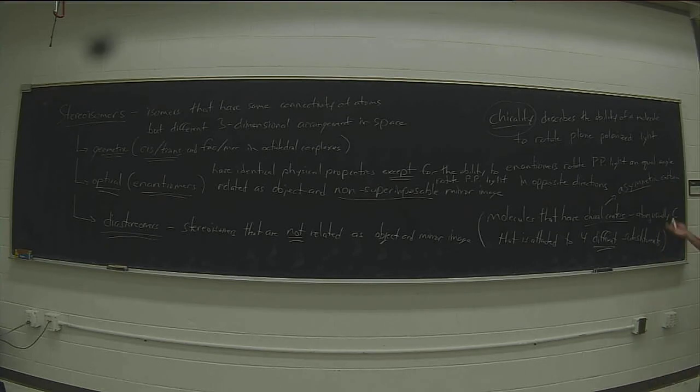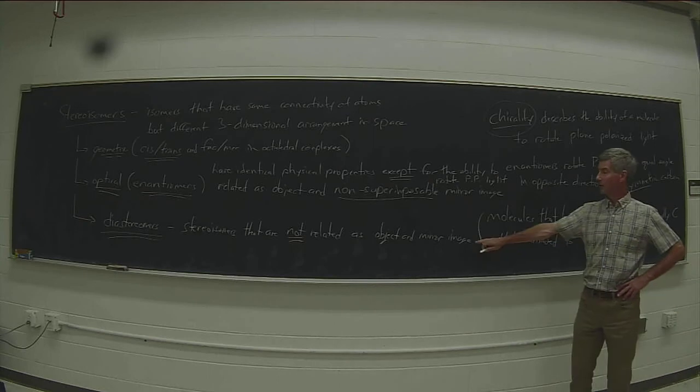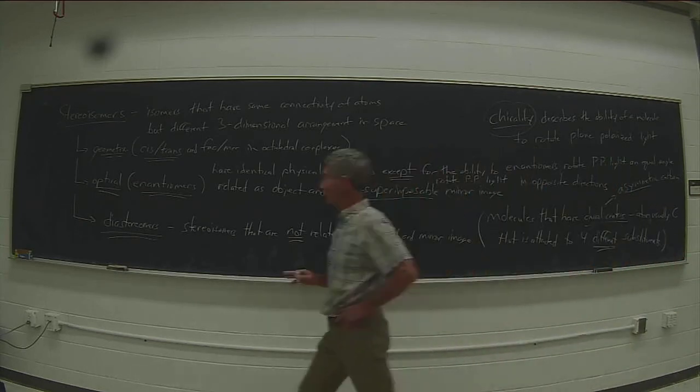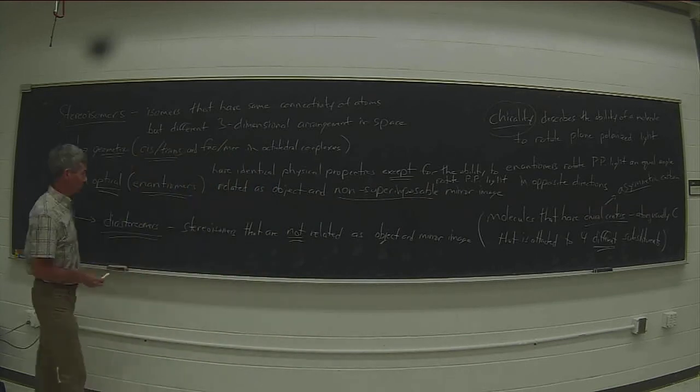And an asymmetric carbon or a chiral center is a carbon attached to 4 different substituents. Any carbon attached to 4 different substituents will not be superimposable on its mirror image, and so you'll have a pair of enantiomers. But it's possible to have multiple chiral centers such that you are no longer related as object and mirror image, and that makes a molecule or a pair of molecules diastereomers instead of enantiomers.